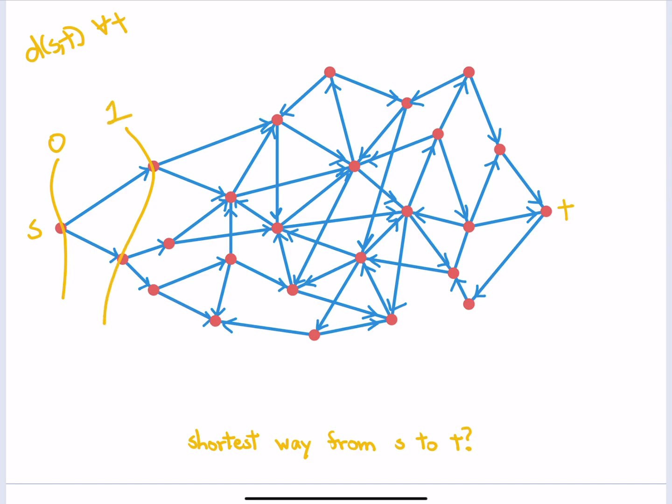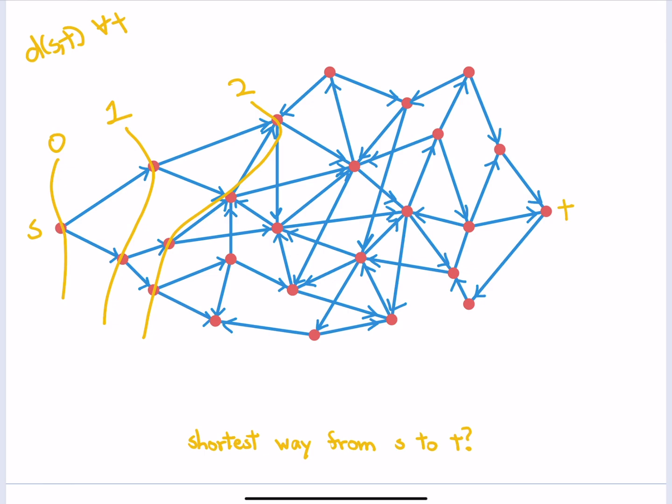Now what would be the next easiest? Their neighbors, right? So hopefully I do this right. Okay, so these are all the vertices at distance 2.